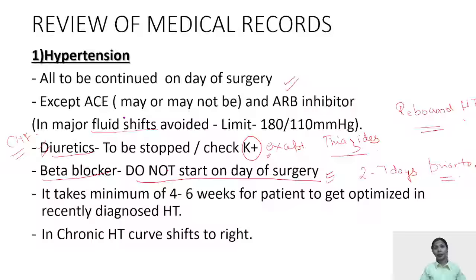When we are talking about hypertension, we have to be very careful that it takes around 4 to 6 weeks for the patient to get optimized, especially when posted for an elective surgery. Okay, how much time will it take for the patient to get optimized is 4 to 6 weeks.